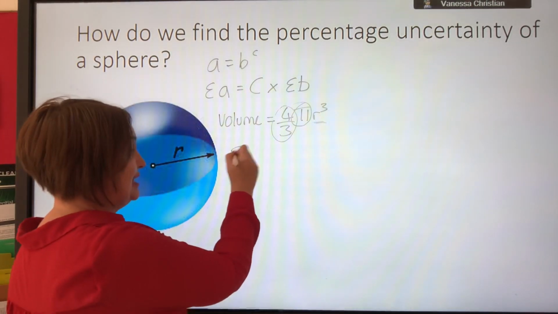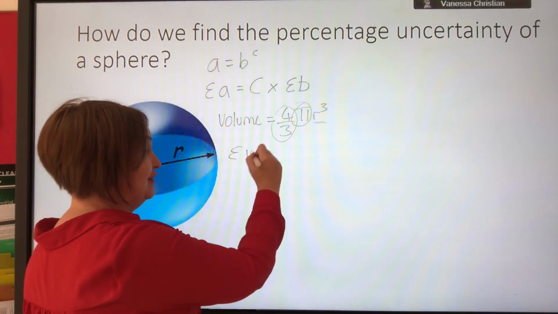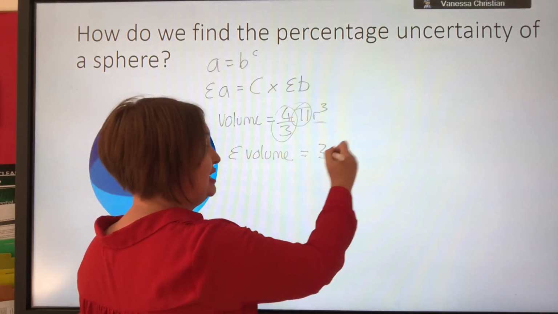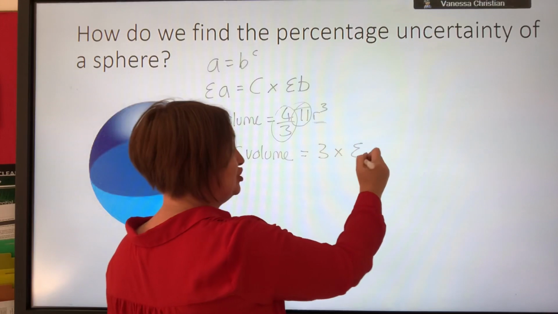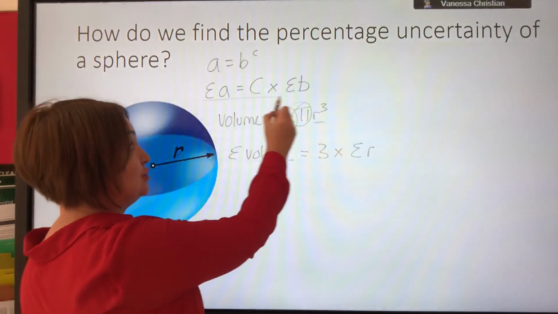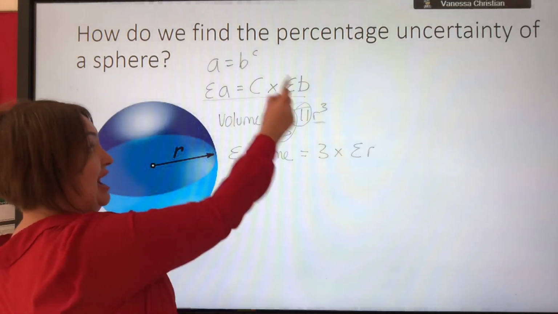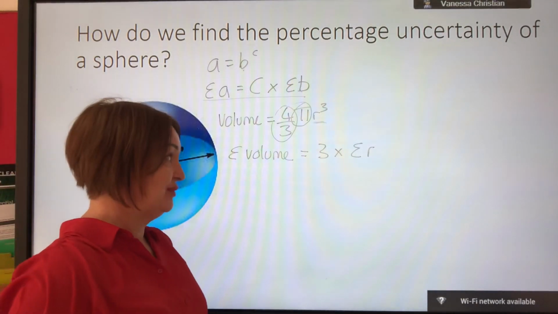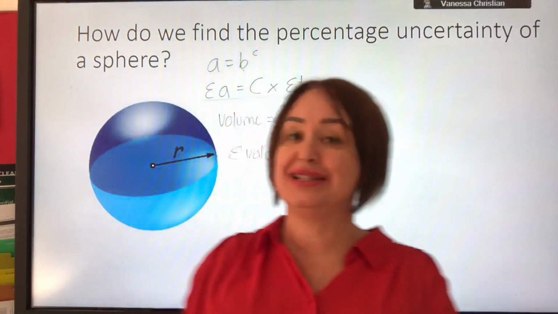So our percentage uncertainty for the volume is equal to 3 times the percentage uncertainty for the radius. Why? Because that's what that tells us there, and we know that's our radius because we would take it from there. So let's continue to work with the same example.